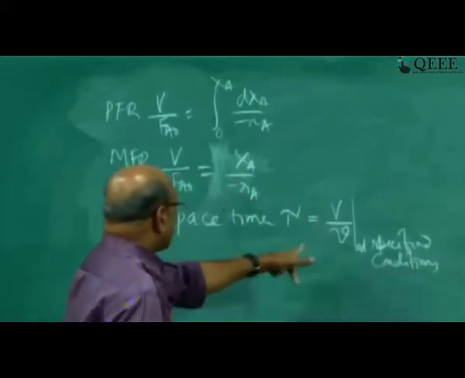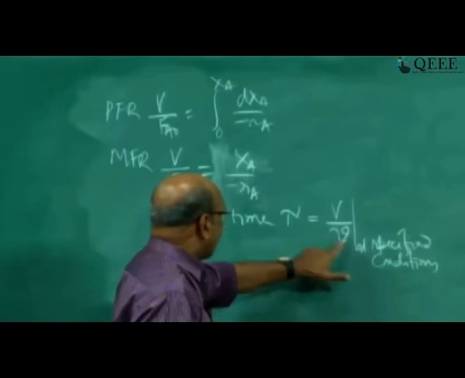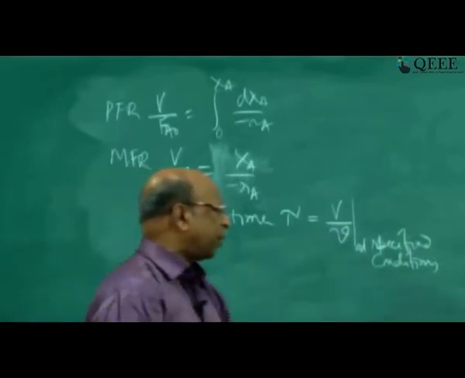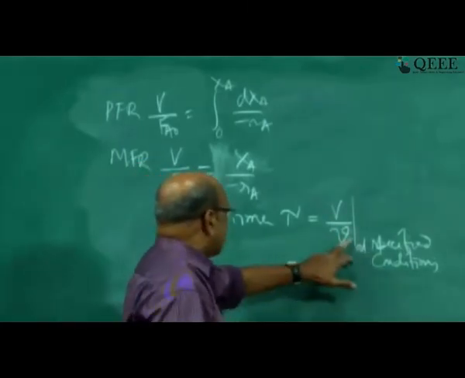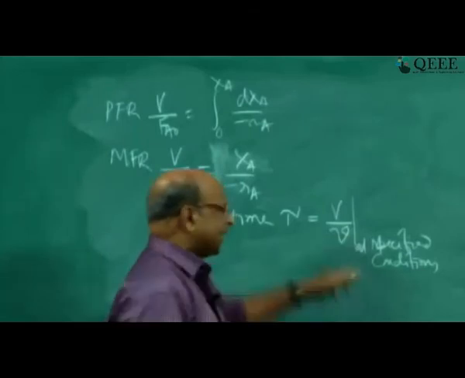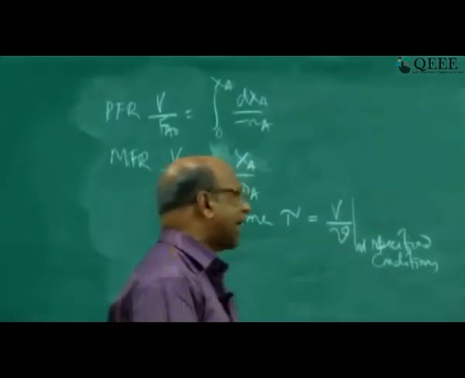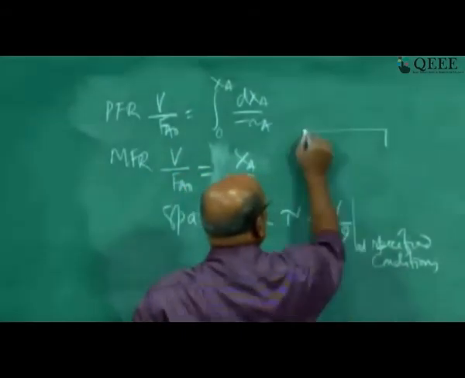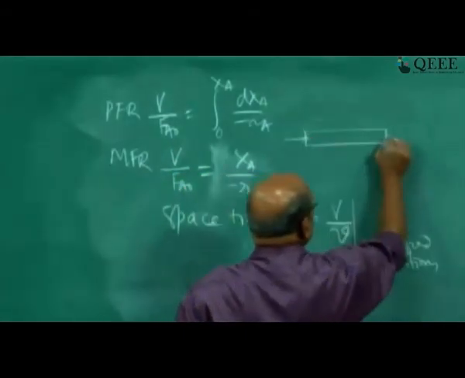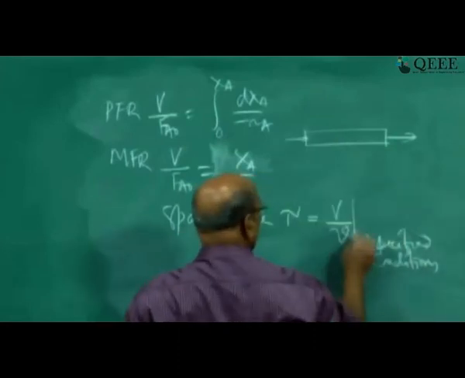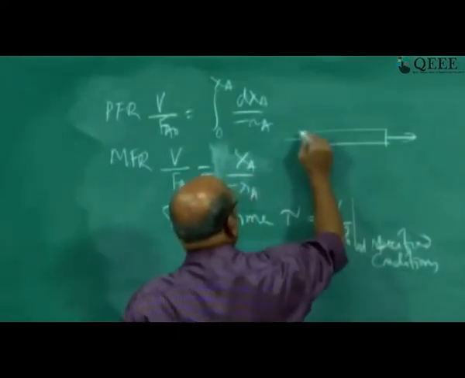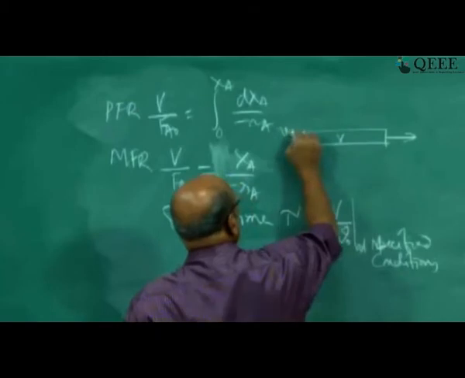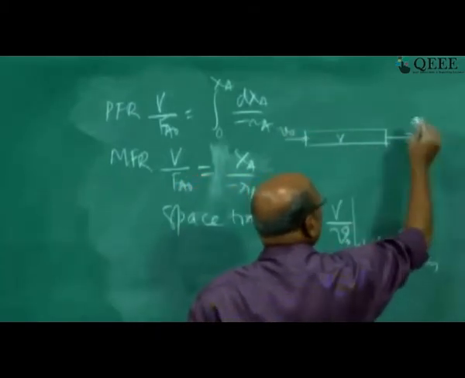The meaning of these specified conditions is that volumetric flow rate changes with temperature and pressure, and that's why one should know at what point in the reactor this volumetric flow rate is valid. So most of the time we take it at the entry. So this may be V naught. This is the volume of the reactor, this is V naught, here it may be different.